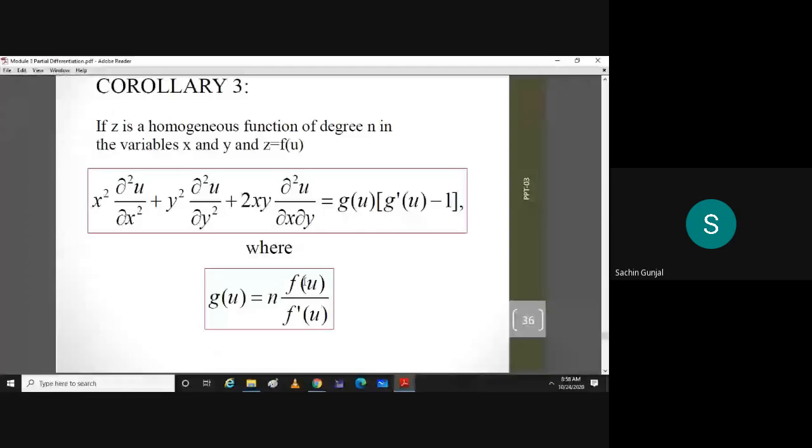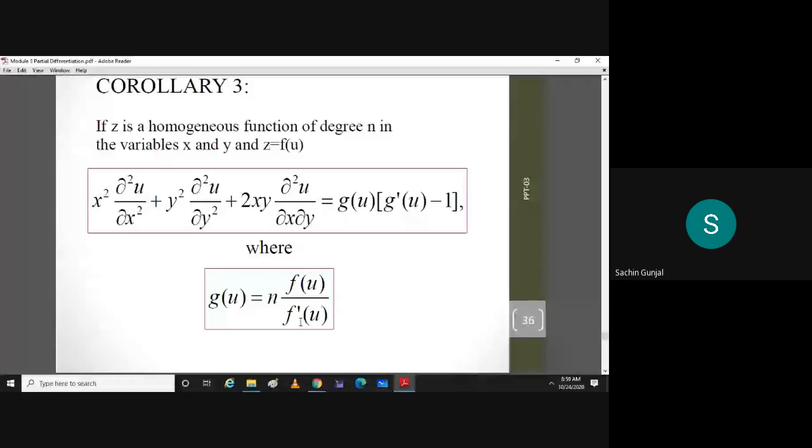What is the derivative of cosec u? Minus cosec u cot u. Good.